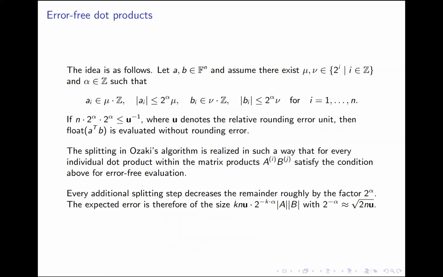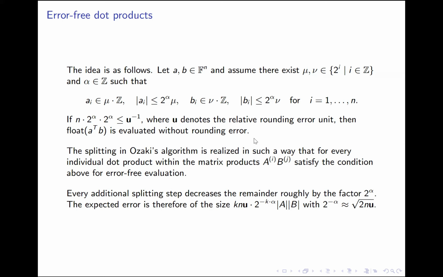To be more specific about the condition that ensures evaluation without rounding error, let's consider a dot product of two vectors A and B. Assume that A is element-wise an integer multiple of some mu, and B is element-wise an integer multiple of some nu, which are both powers of 2. The entries of A are bounded by 2 to the power of alpha times mu, and respectively for B, they are bounded by 2 to the power of alpha times nu.